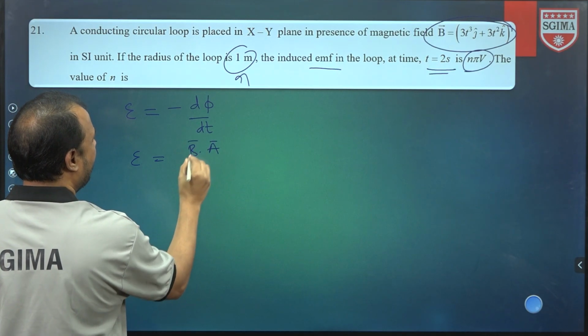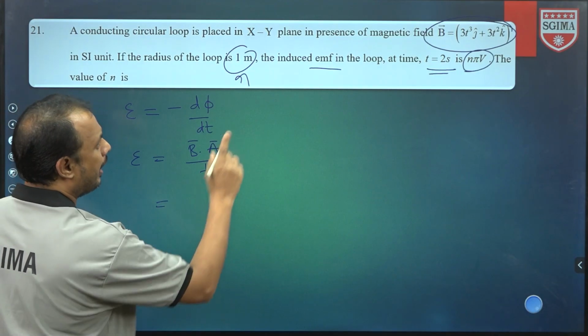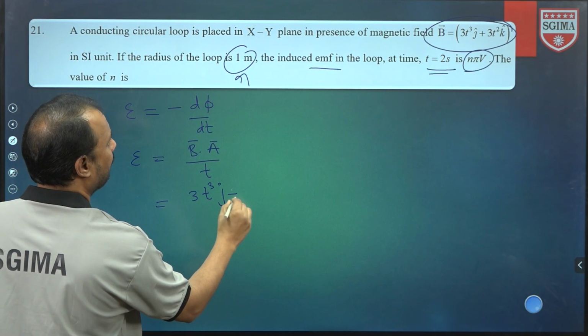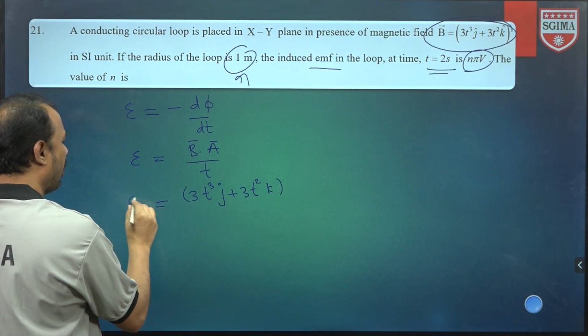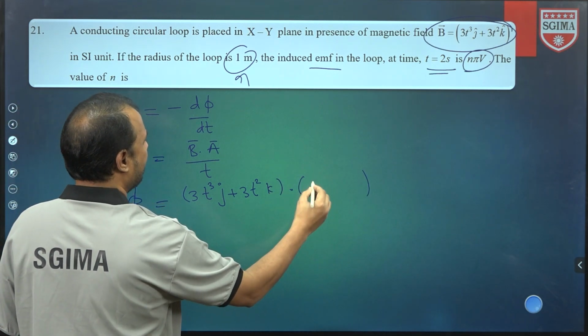Flux is magnetic field induction dot area. The magnetic field is 3t cube j cap, 3t square k cap. Let us calculate the flux, B bar dot A bar, separately.